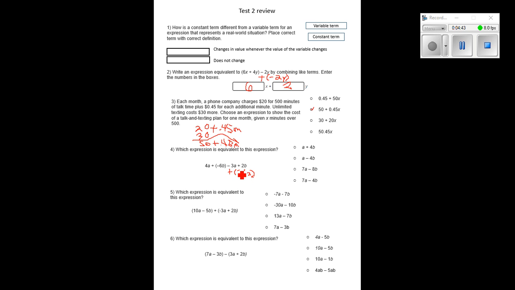I've got an a over here, and since this is negative 3a, I can put the minus 3a underneath it. And since this is negative 6b and this is positive 2b, I can put the plus 2b over here. 4a minus 3a is going to equal 1a. And negative 6 plus 2 will be negative 4. So my answer should be a minus 4b.